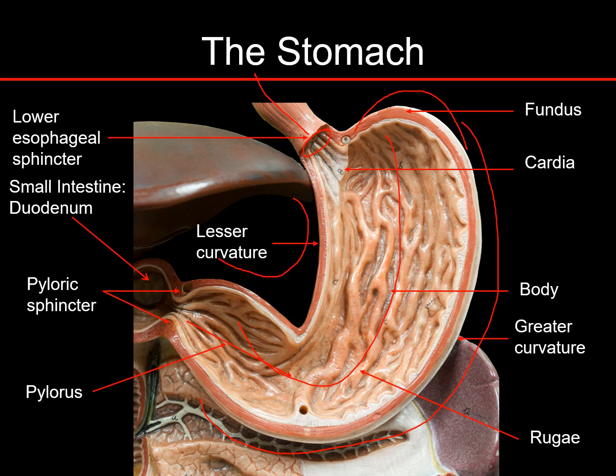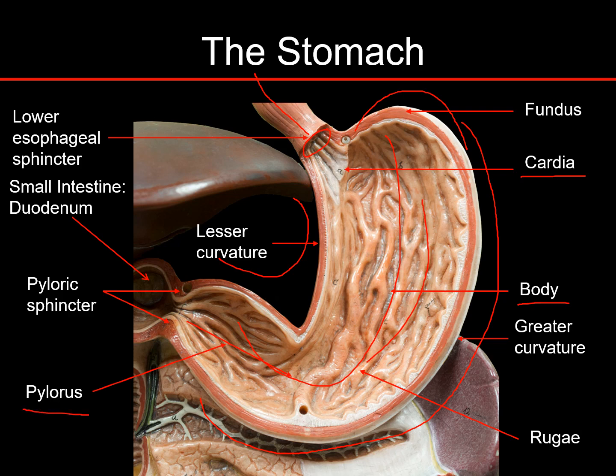And then the opening into the stomach, kind of where that lower esophageal sphincter is, is the cardia. So the cardia is just the opening into the stomach. And then the body of the stomach is essentially just the main part of the stomach. And then once you get down into this curve at the bottom, we come into the pylorus.